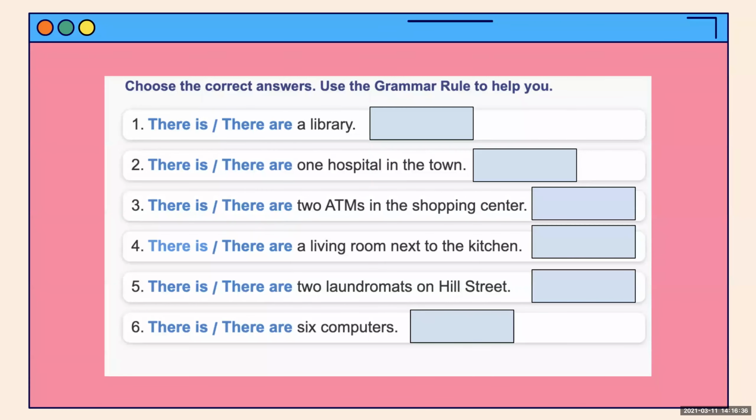Number 4, there are a living room next to the kitchen. 5, there are 2 laundromats on Hill Street. Number 6, there are 6 computers. So what I want you to do is pause and try to work through these 6 sentences, please. Once you're ready, you can play the video again.